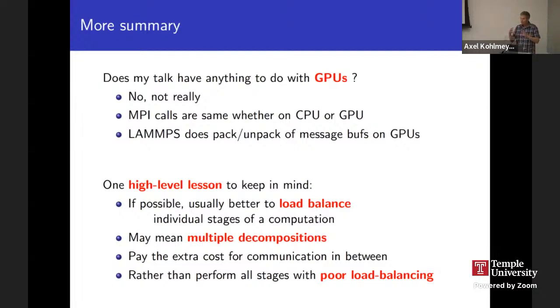That may mean that different computations need different decompositions of the data in order to perform optimally, and that means you have to pay some extra cost for communication in between. But I think it's often better to pay that extra cost than to run all the stages with the same decomposition and have poor load balance, because then that's more expensive. Hopefully you can use these patterns to make it relatively cheap to rebalance or to generate a different decomposition.